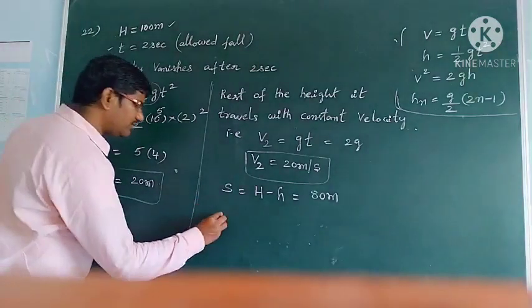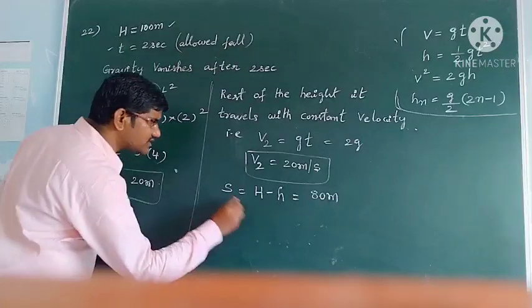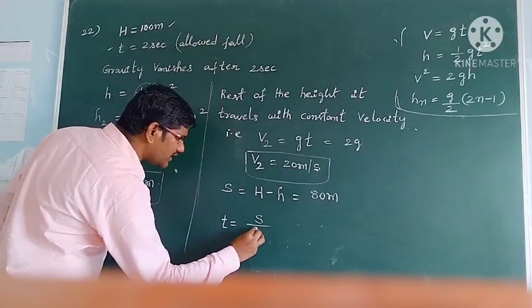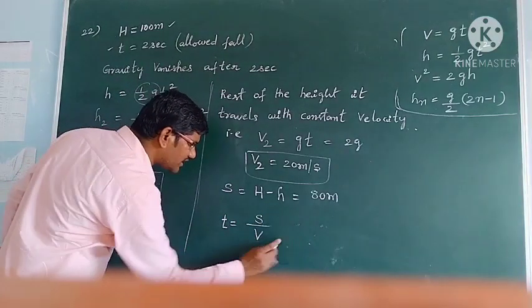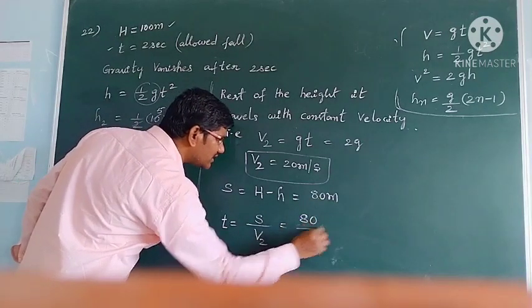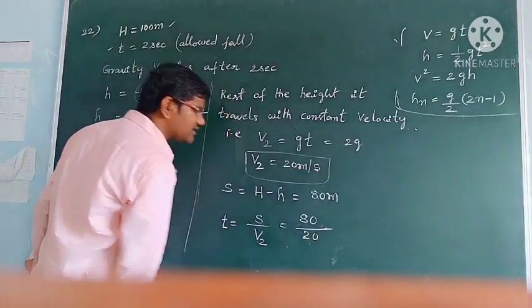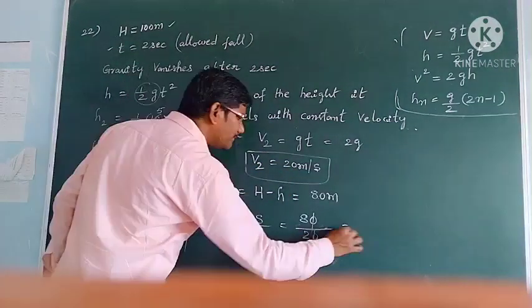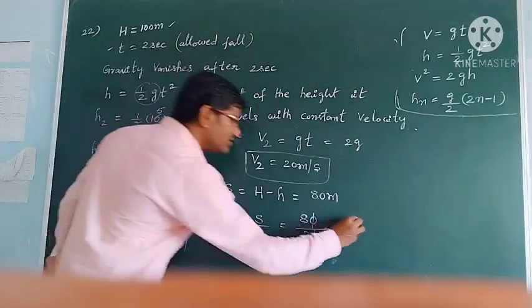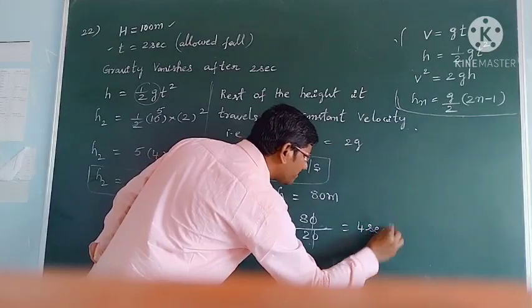So what is the time taken to cover this distance? Distance by velocity after 2 seconds, you have to write it, students. 80 meters it travels with this constant velocity of 20 meters per second. So 0 gets cancelled, and it is taking 4 seconds.